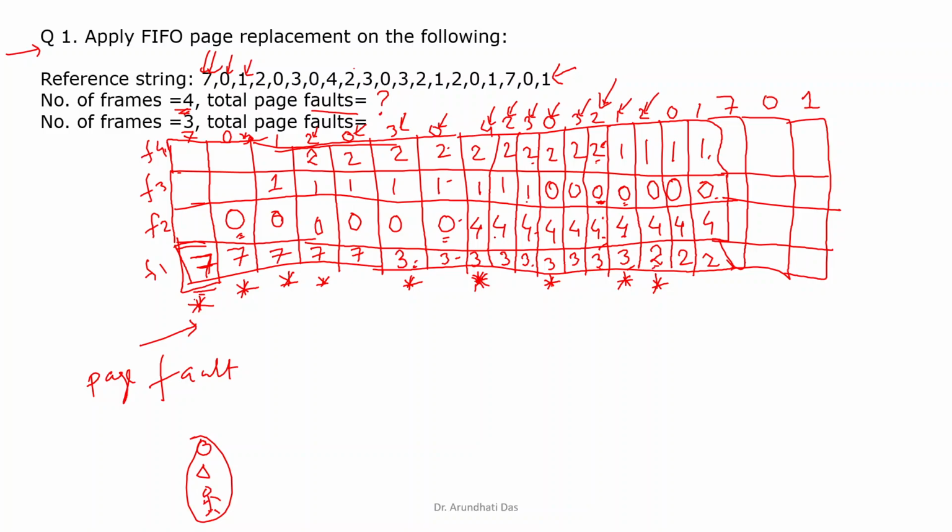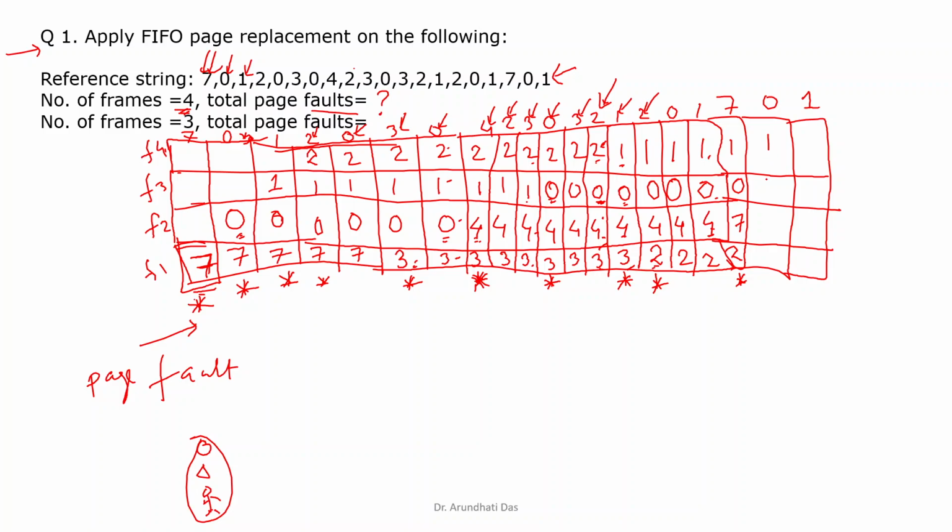After that the oldest one, the one which has come first is 4, I guess, yes, because 0 has come here, 1 has come just now, so I will now replace 4. 7 will be replaced by 4, rest will be as it is. This one is a page fault. Okay, again I forgot to mark the page fault, so this is a page fault.